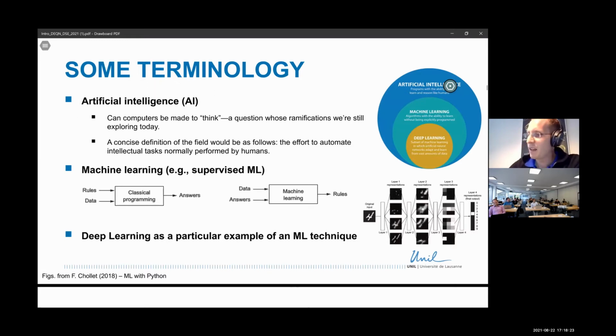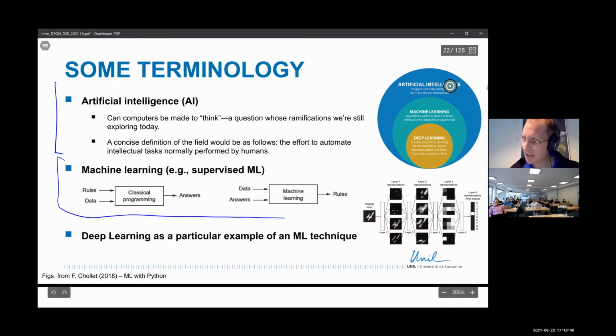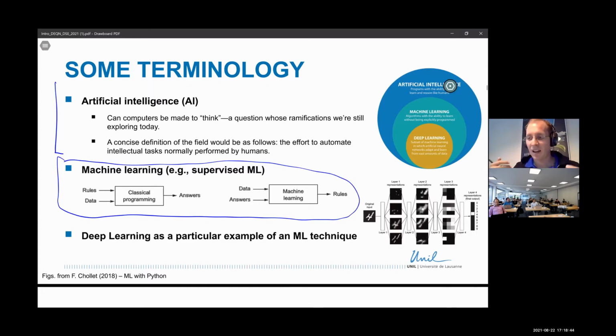When people talk about artificial intelligence, the question is rather, can computers be made to think? I'm not covering that today at all. What I'm interested in is way more trivial. I want to focus on machine learning, which is a subfield of artificial intelligence.